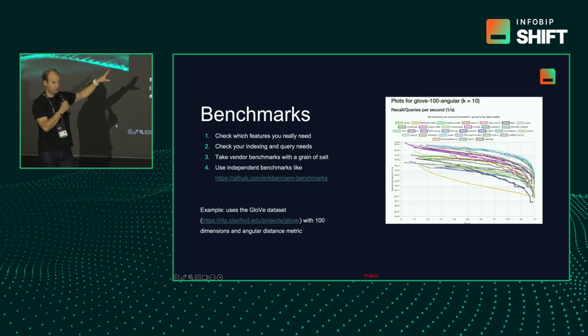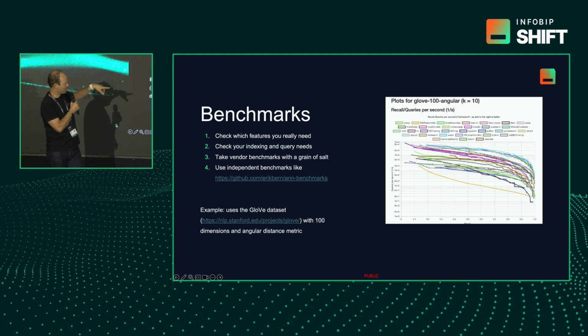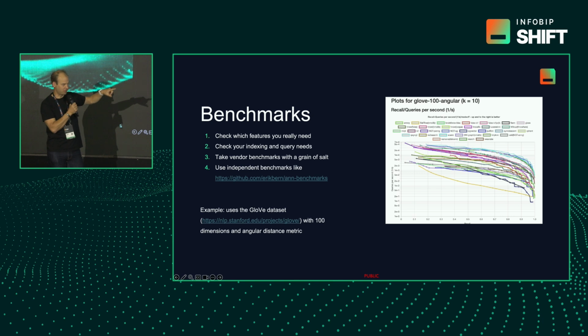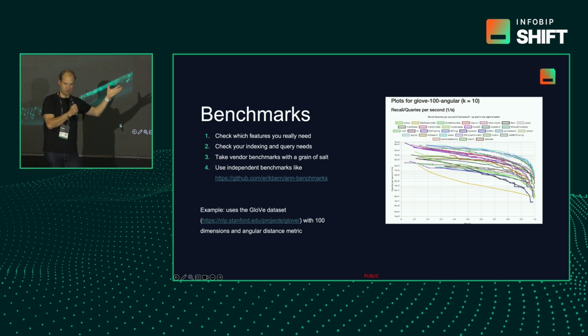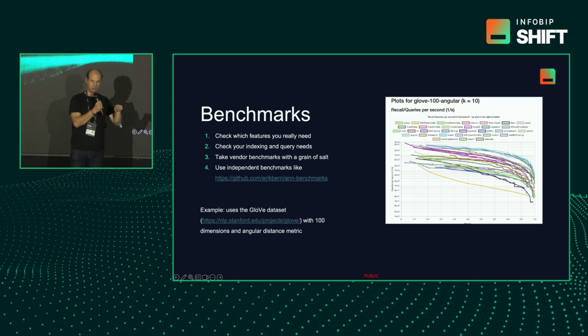But then again, if you open this page, you will see that it's not so straightforward. So I put in this screenshot, this is an example of the GLOVE dataset, which is a machine learning dataset with 100 dimensions. But if you try the same databases with 1,000 dimensions, the graph looks different. So it doesn't make sense to open the benchmark page before you know what you're doing.